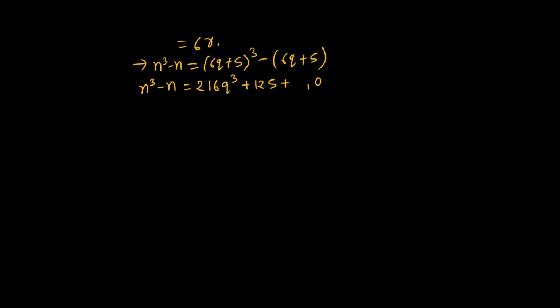So 540 q square plus 25 into 6. So 25 into 6 is 150 and 150 into 3, so 450q. And here will be minus 6q and minus 5.